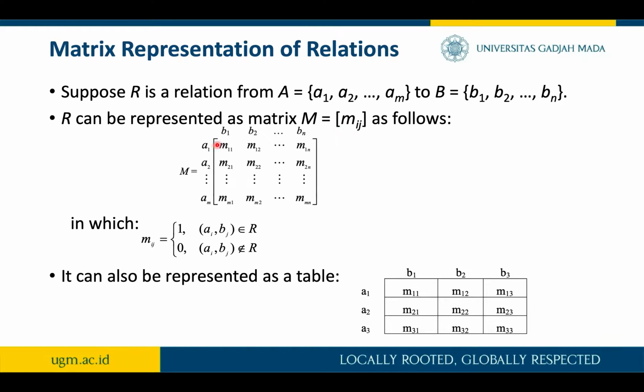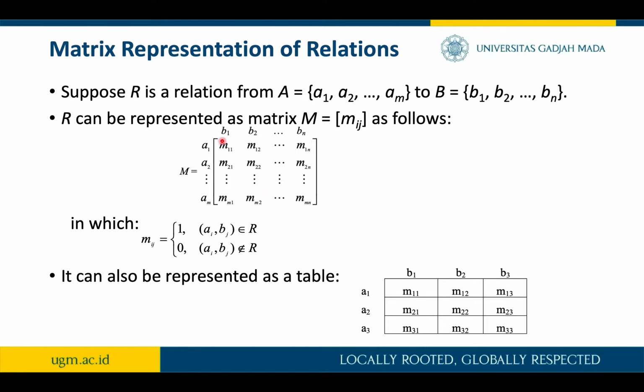So we have here the matrix, and the row here refers to the element in the first set, A1, A2 to Am, and then the column here refers to the element in set B, B1, B2 to Bn.